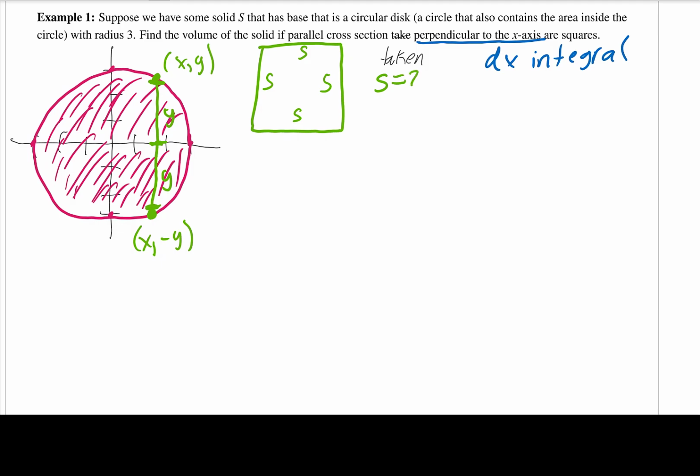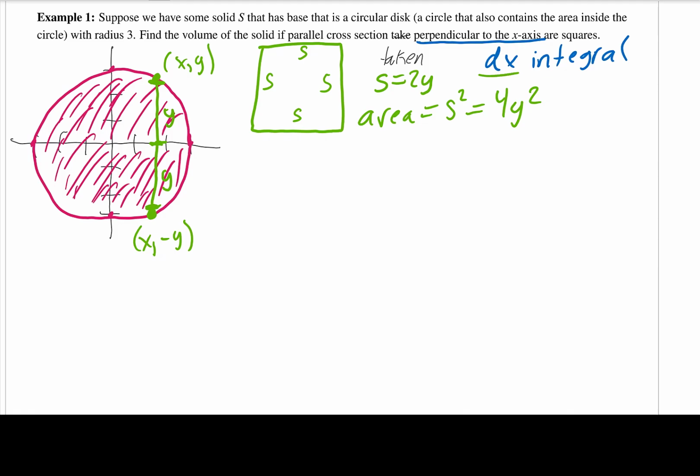So I should have that s equals 2y, which means that the area is going to be equal to s times s, or well, s squared, and s squared would be 4y squared. Now, our problem is that if we were to just do our integral and plug in our area function, right now our area function is in terms of y, but we want a dx integral.